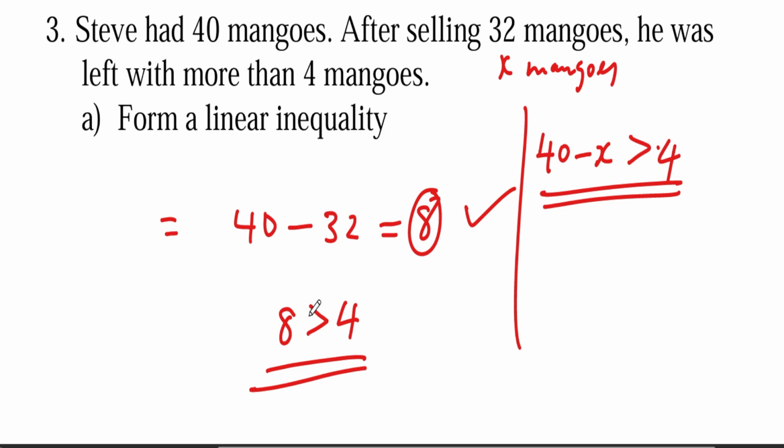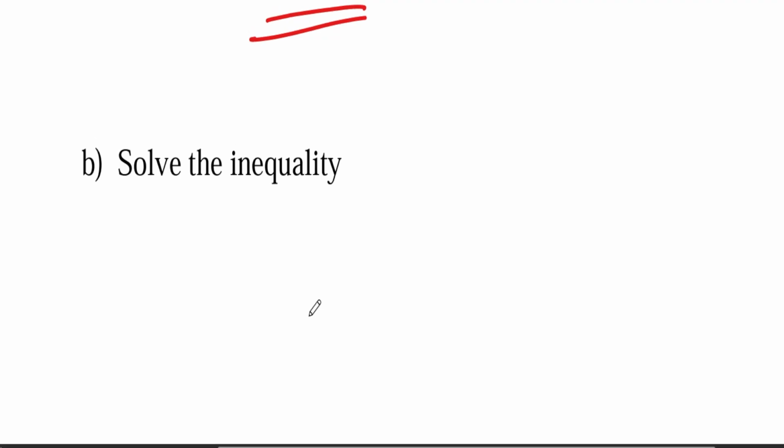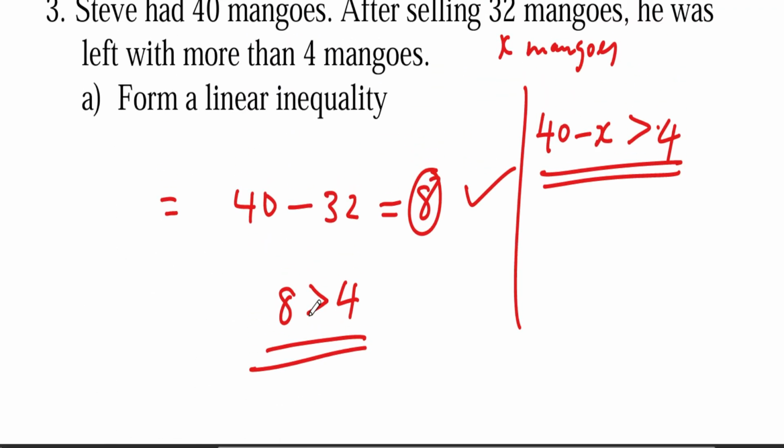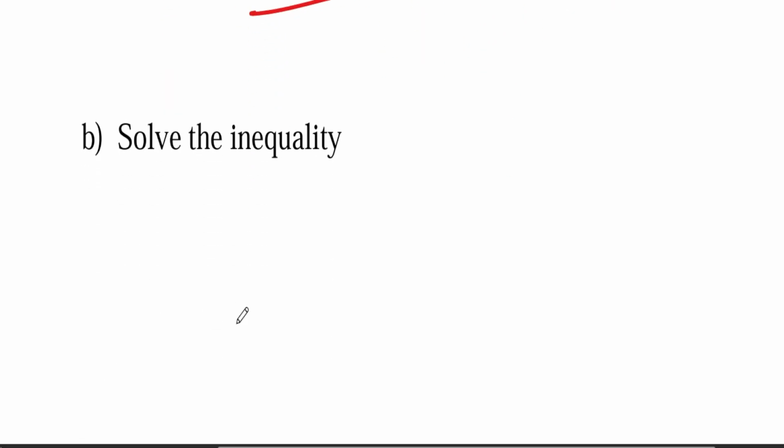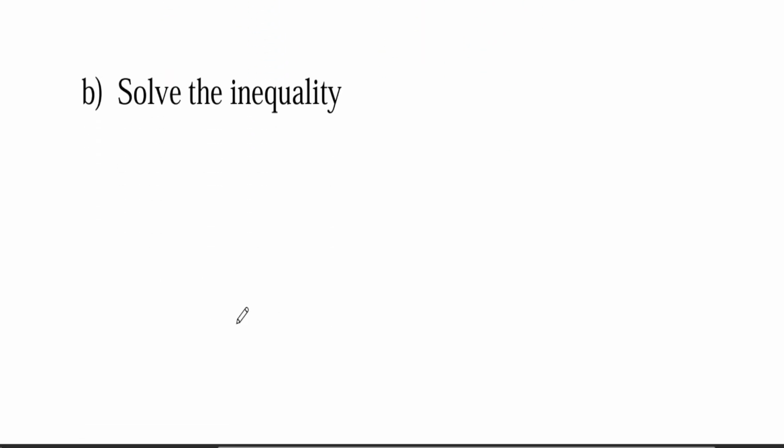Right. Now, the other question: solve the inequality. Most probably they're telling us to do it in this form. Again, it's just the same thing. So let's write it down: 40 minus x greater than 4.